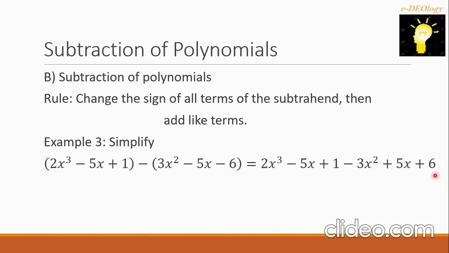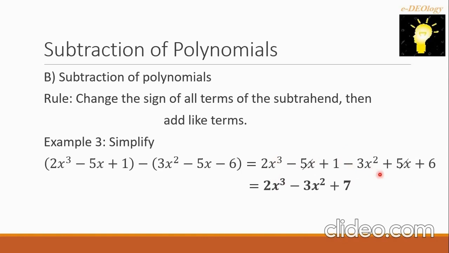And then we will collect and combine like terms. The highest power here is the cube. So it seems there is no other variable with cube. So only this one, the 2x cubed. We will simply copy this. And followed by this negative 3x squared, there is no other term with a variable x squared.